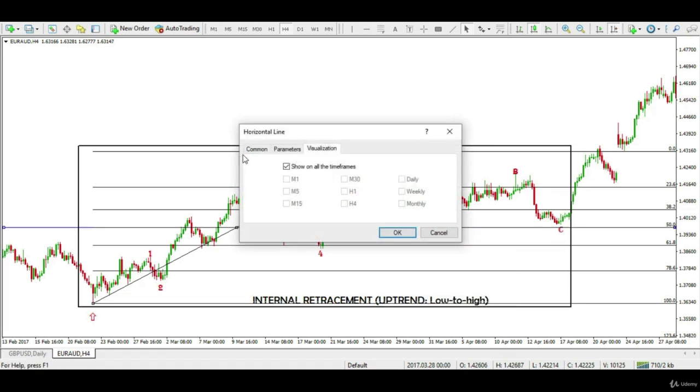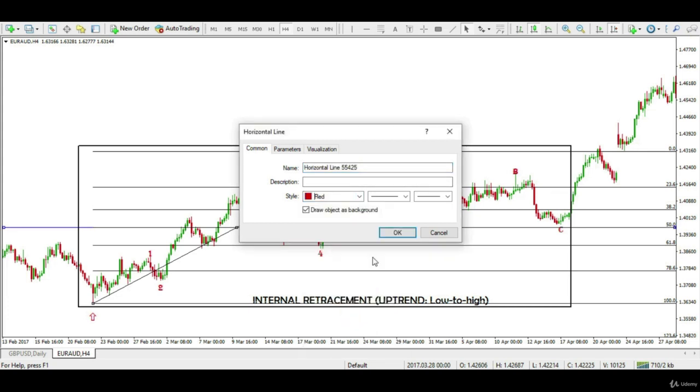As you can see, price respected 50% internal retracement on this pair too.